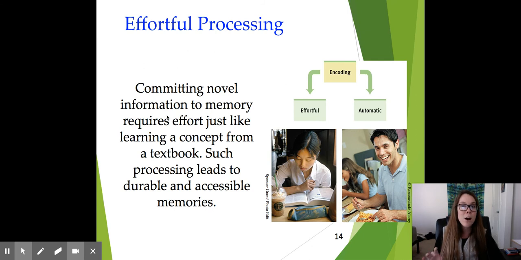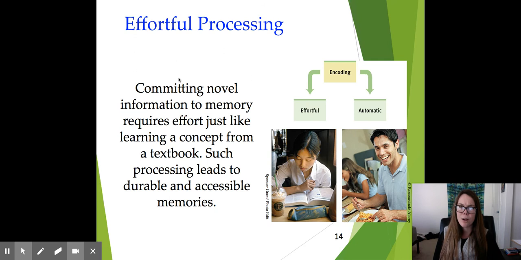Committing novel information to memory requires a lot of effort, just like learning the concepts from this textbook, right? Such processing leads to durable and accessible memories. What they say is effortful processing, where you study, does have the highest rate of recall, because the more we consciously study something and retrieve it and encode it, the more likely we are to be able to retrieve it with accuracy, okay, because we studied it.